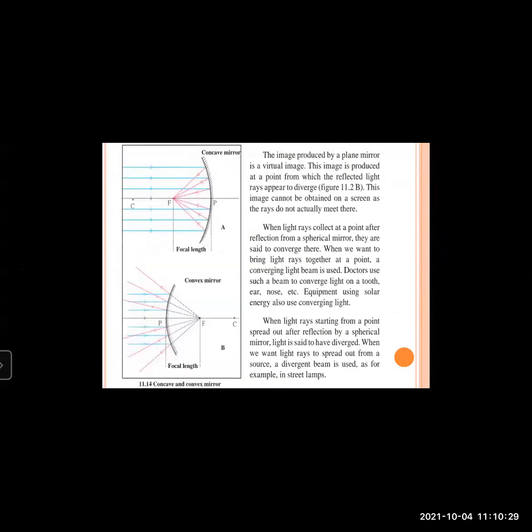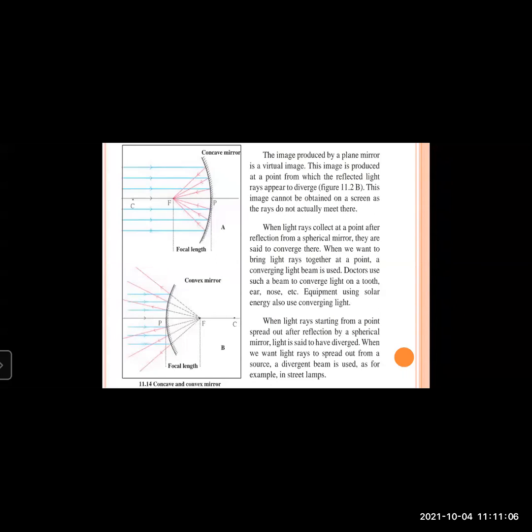The image produced by a plane mirror is a virtual image. The image is produced at a point from which the reflected light rays appear to diverge. You can see this in figure 11.2b. This image cannot be obtained on the screen as the rays do not actually meet. You can see the convex mirror in the figure, and the figure below it is what we are studying right now.